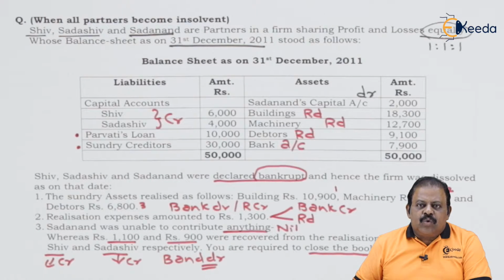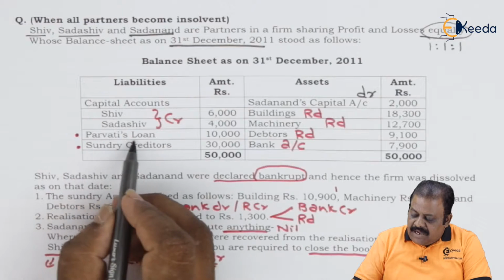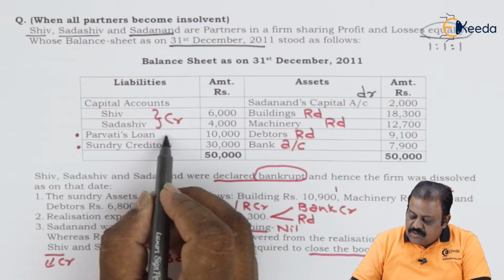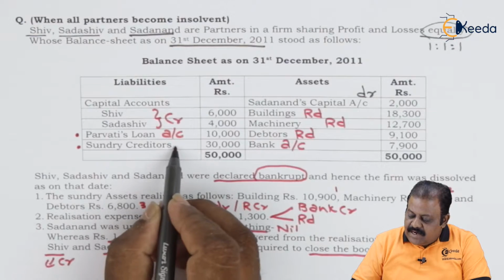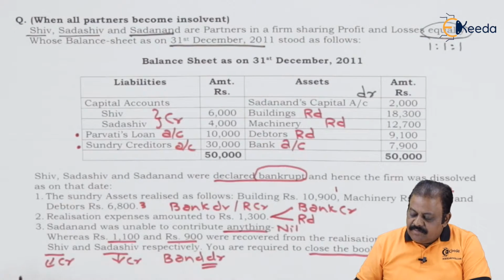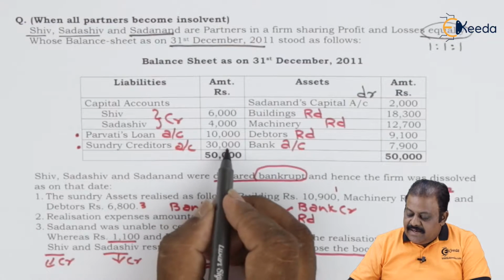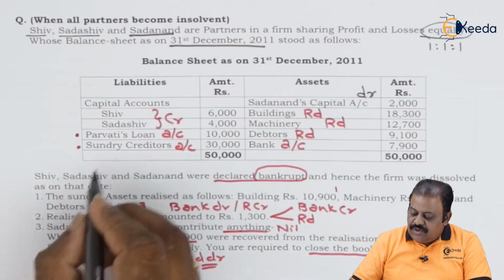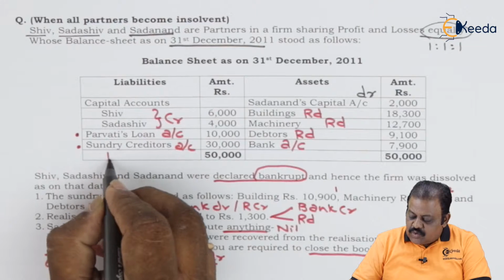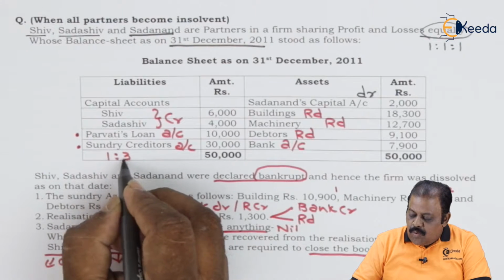Here there are two outside liabilities: Parvati's loan account, for which we are required to open a separate account, and sundry creditors account. Parvati's loan is 10,000 and sundry creditors is 30,000. So the ratio of these two liabilities is 1:3.